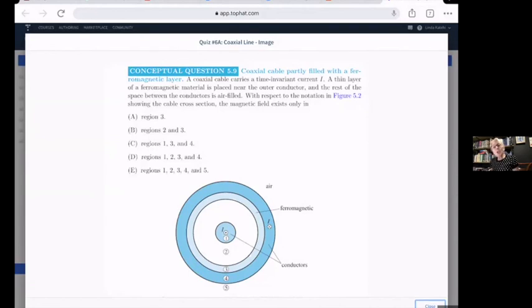So, considering that a current is nothing else but a charge moving with a velocity v, on the basis of what we said in electrostatics, qualitatively, I want you to tell me where you're going to have a magnetic field.